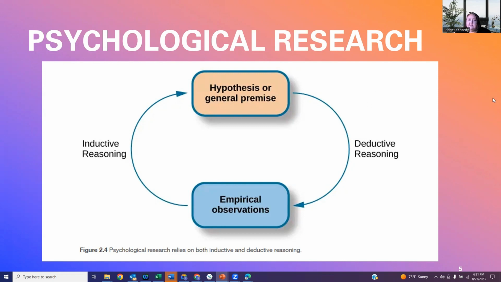Basically, when you look at this model here, you've got a hypothesis or a general premise on the top. So with this hypothesis or general premise, it's an idea that maybe a researcher has. I'm going to use an example of social media because it's sort of a hot topic right now.